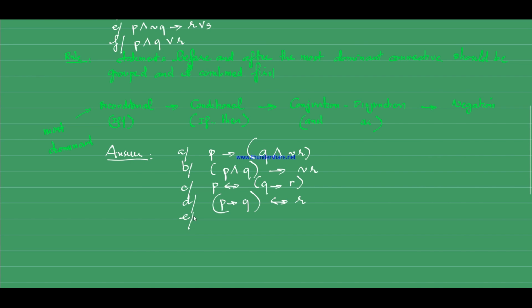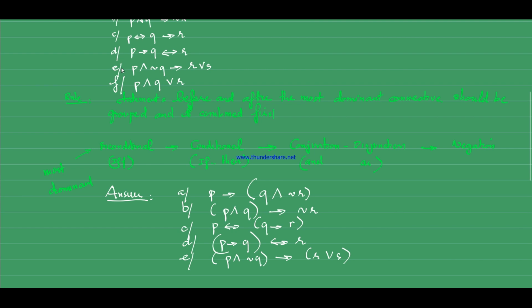E is kind of complicated. This is more dominant, so we group P and Q implies R or S. There you go.